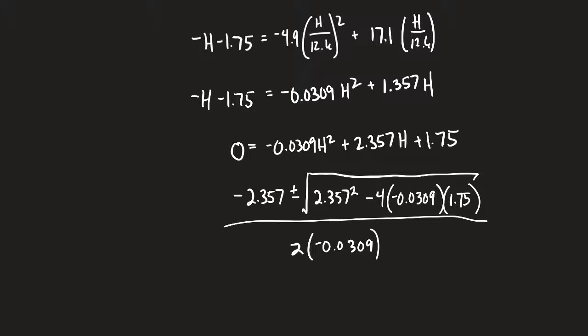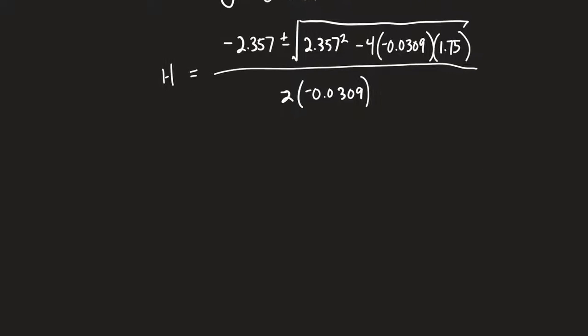All right. There's nothing pleasant about this. And I know some of you would have just graphed it and used that. But here we are. This is what it leads to.